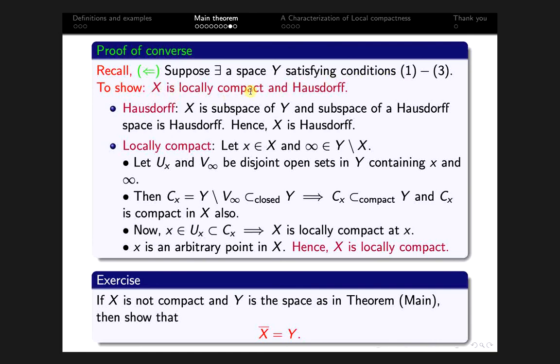Hausdorffness is very simple, because X is a subspace of Y, Y is Hausdorff, and it is a fact that a subspace of a Hausdorff space is again Hausdorff. Therefore X is also Hausdorff.